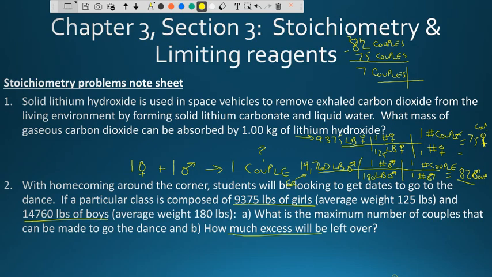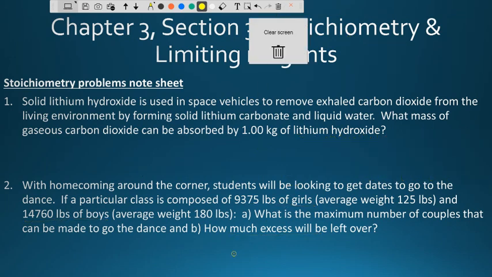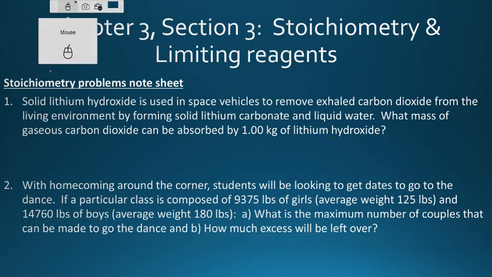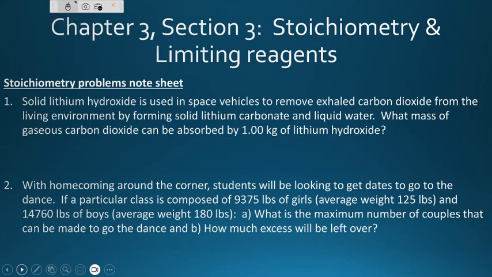Is that couples? What is that? Well, let's go from couples to boys. Okay, he's my excess. And I saw that was a 1-to-1 ratio. I end up with 7 boys left over. Okay, they'll live. All right, so there is our scenario, again, putting the concept of limiting reagents in there.